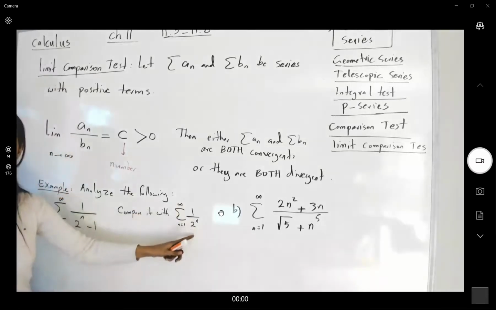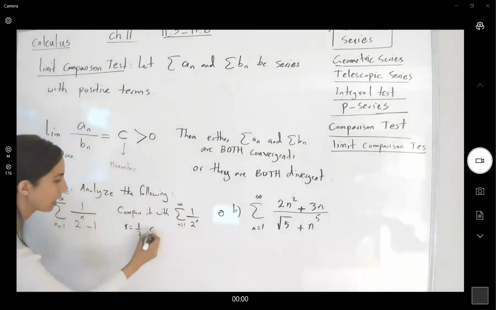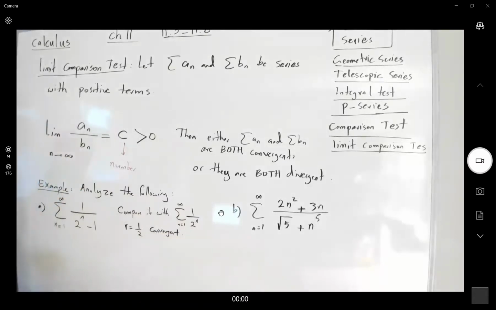This is a geometric series, r is equal to 1/2, and it is convergent. Okay, so I have a convergent series.